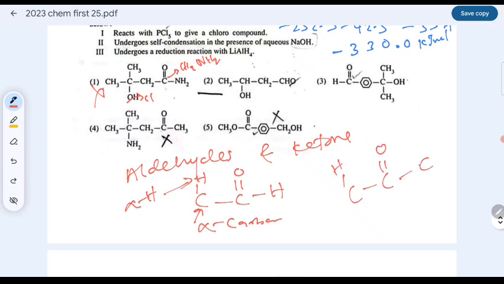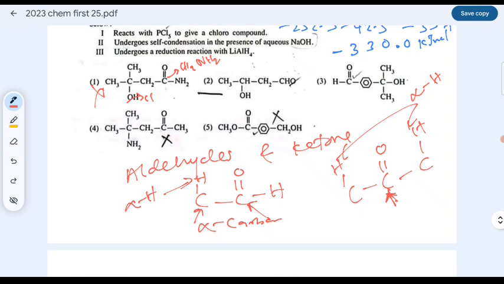Alpha hydrogen should be present. Because this is the carbonyl carbon, and this one is the carbonyl carbon, and the adjacent carbon to the carbonyl carbon is the alpha carbon, and the hydrogen bonded to that alpha carbon is called the alpha hydrogen. In order to do self-condensation reaction, alpha hydrogen should be present, right?